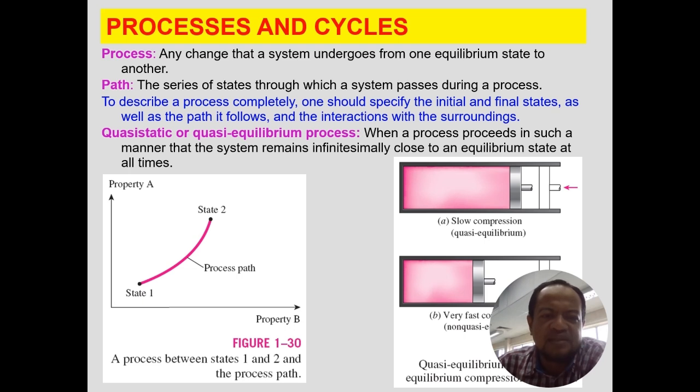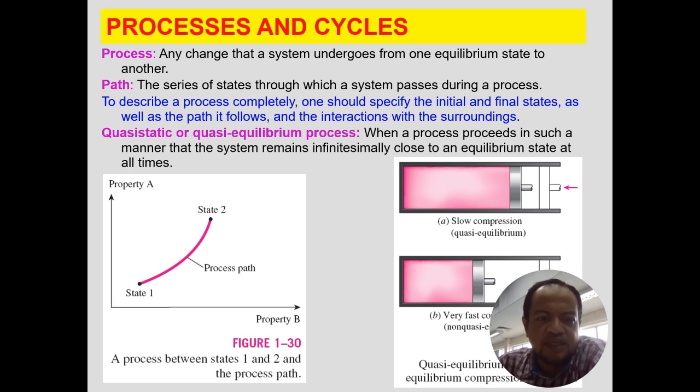So what do we mean by path? Path is the series of states through which a system passes during a process. To describe a process completely, one should specify the initial state, state 1, which we call the initial state, and in this example, state 2 will be the final state, as well as the path followed and the interaction with the surroundings.